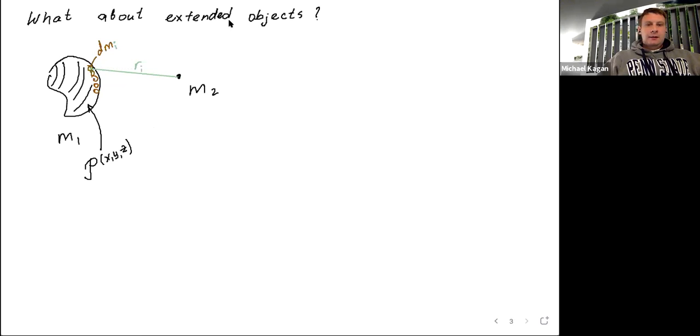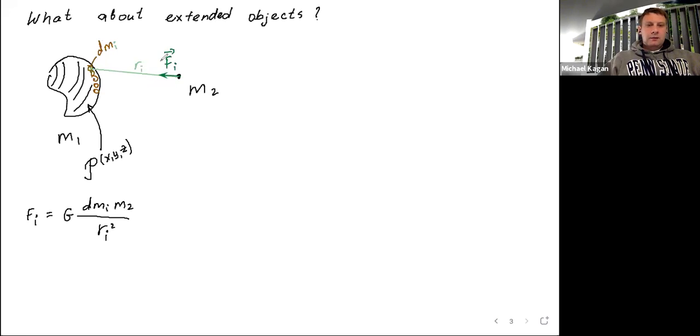Then you write the force F sub i that this piece exerts on M2. So F sub i equals G dm sub i times M2 over r sub i squared. But this is a magnitude. You really need to be careful and treat force as a vector, and that's an attractive vector.